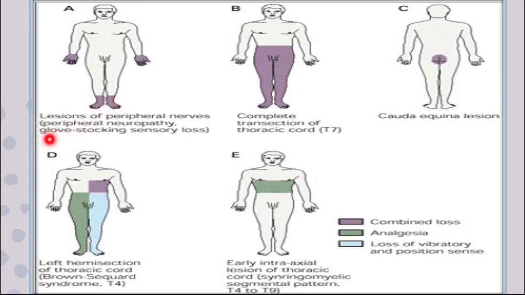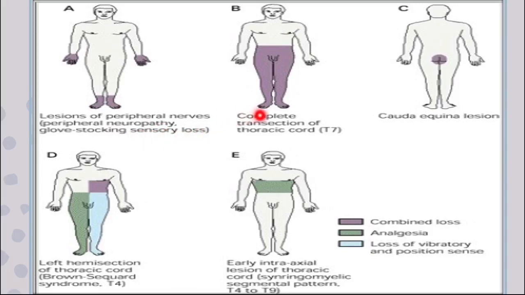This is called gloves and stocking sensory loss, as if there is a sensory loss at the area where gloves and stockings are worn. This most commonly happens in diabetics, gloves and stocking neuropathy.